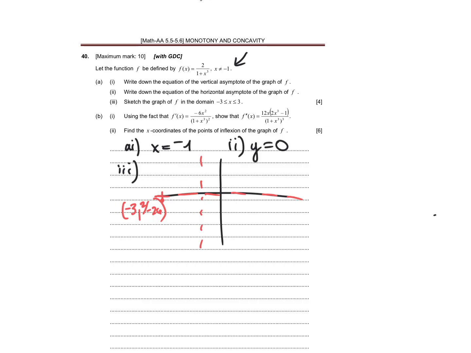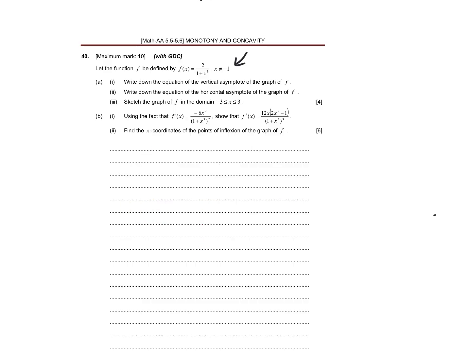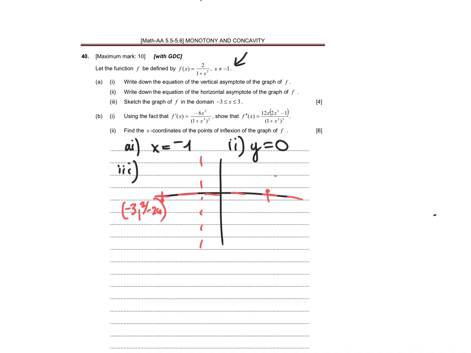And then if we sub in 3, we're going to have something very small here as well. So 3, and then it's going to be 2 over 28. Okay?